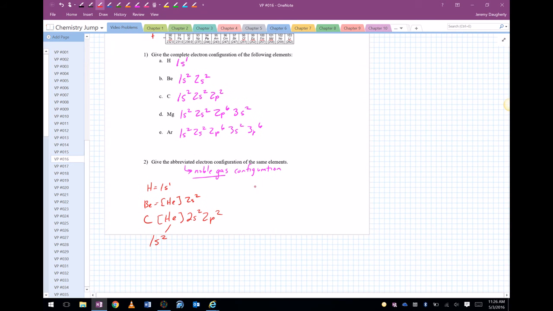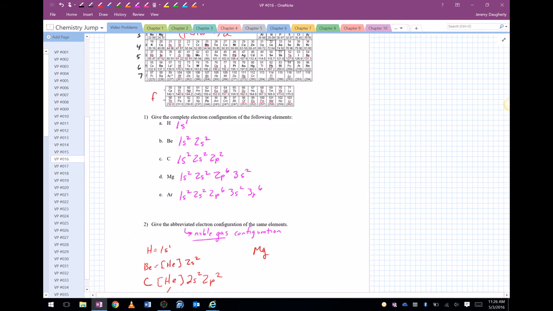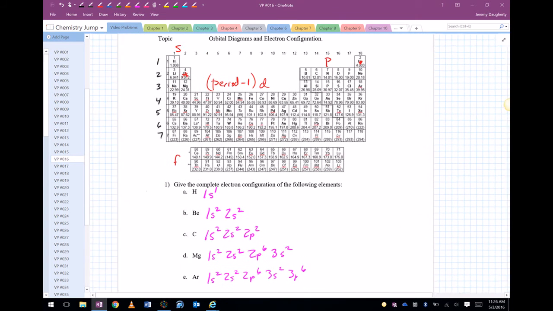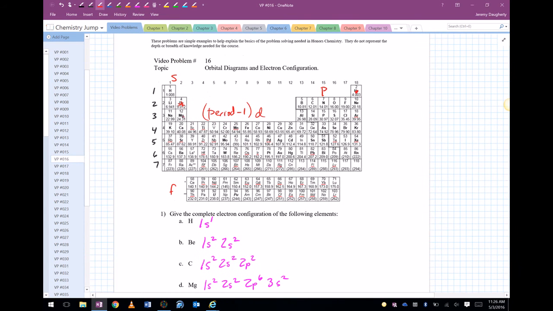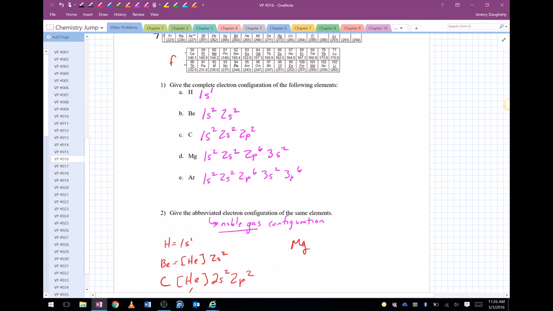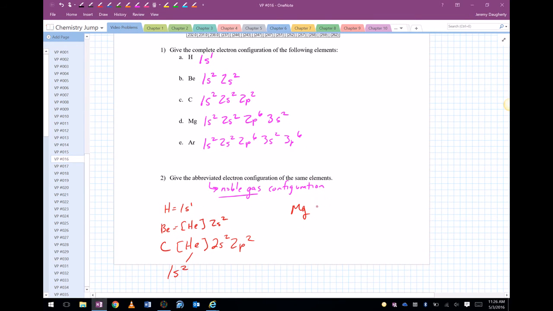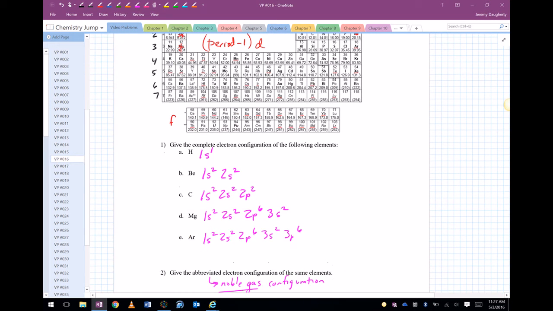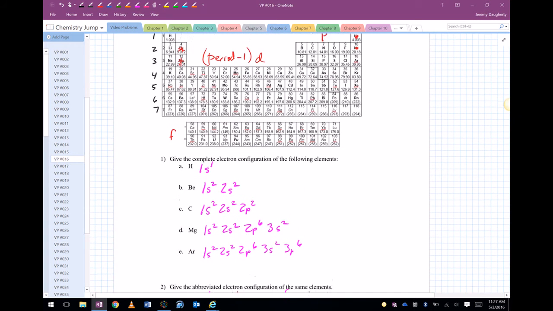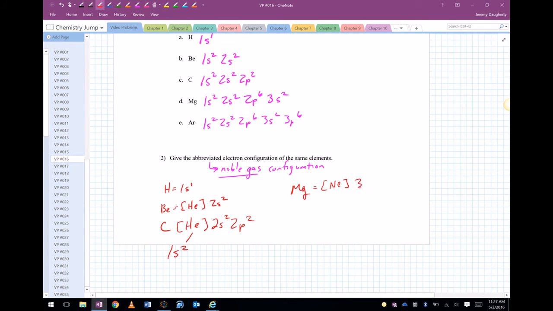So now magnesium is on that third period. So now the noble gas before magnesium is neon. So I got to do neon in brackets. Alright, and then it's going to be 3s2.